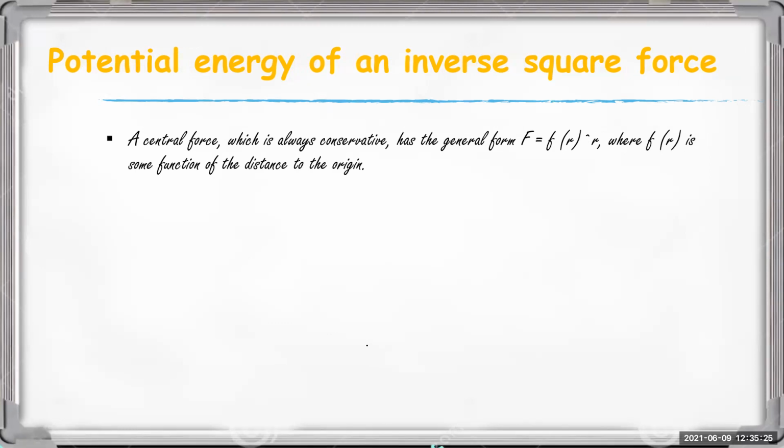Here we take the example of central force, a central force which is always conservative. It has a general form F = f(r) r cap, where f(r) is some function of distance to the origin. That is, the function depends on the distance only, not the directions.